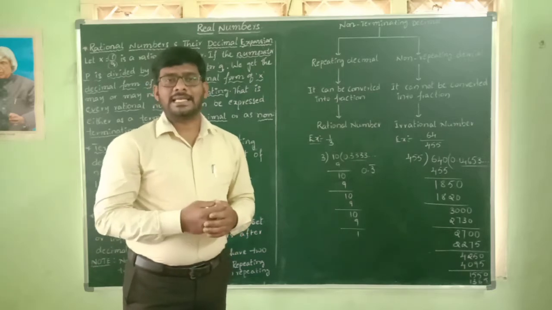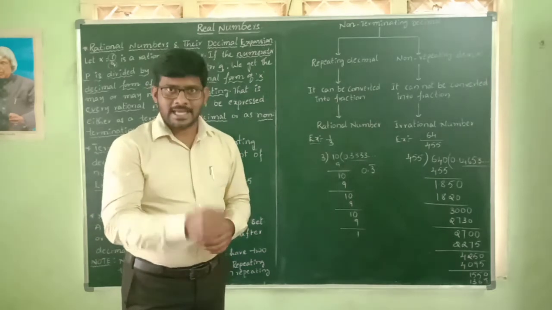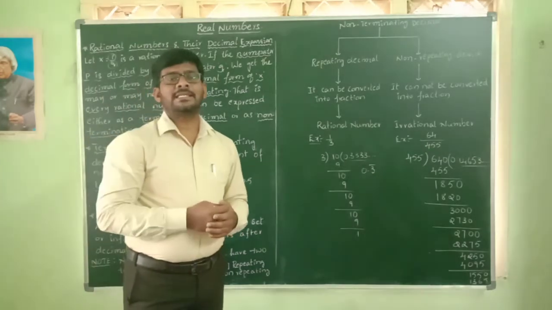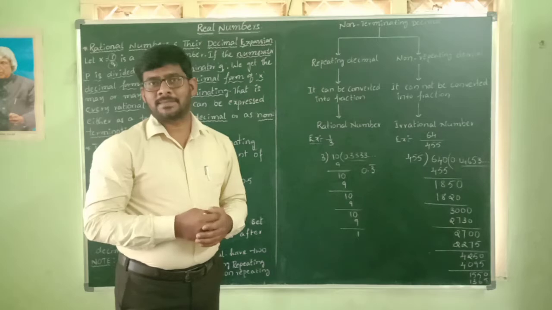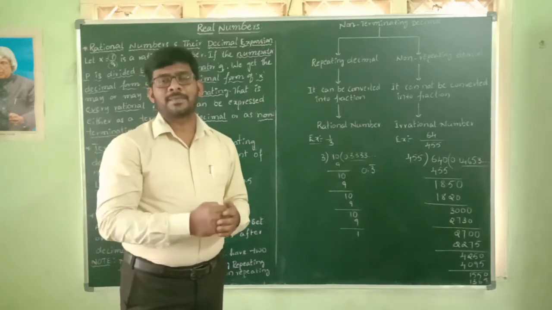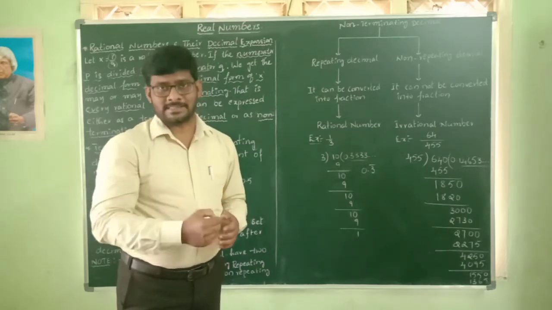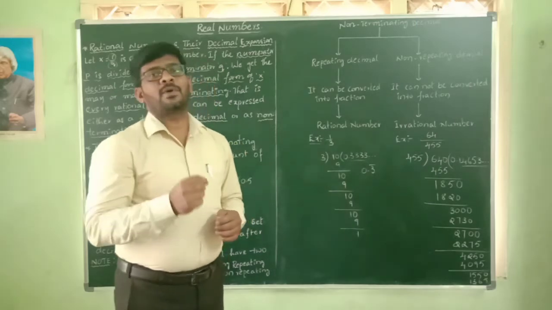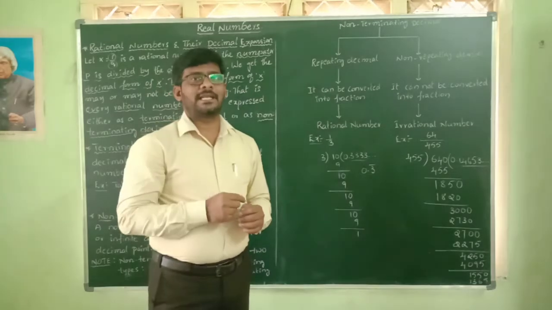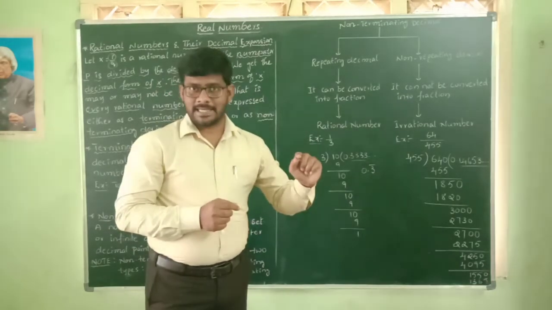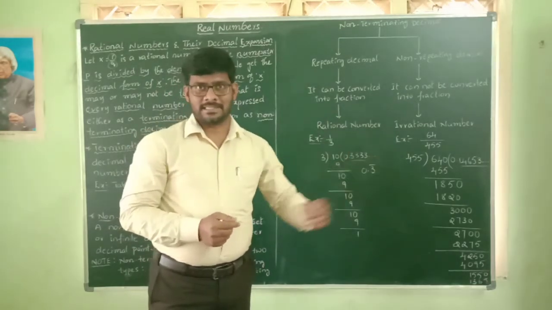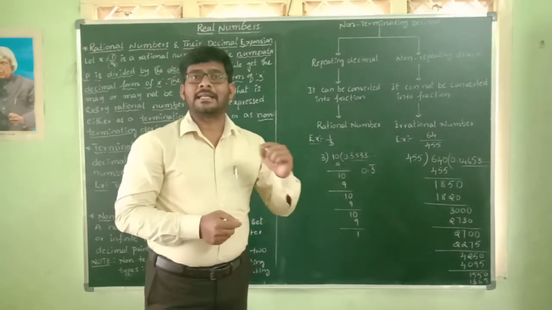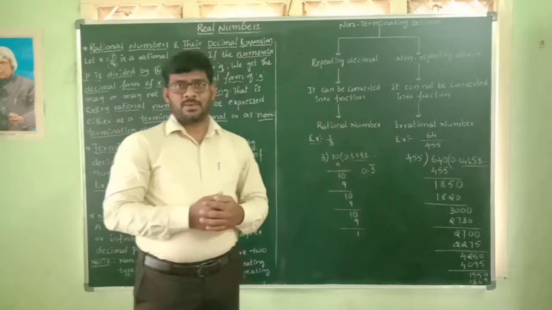The second one is non-terminating, non-repeating decimal. Second one is what, children? In the types of non-terminating decimal, non-terminating, non-recurring decimal. Okay children, don't get confused. Non-terminating decimal, how many types? Two types, namely non-terminating repeating decimal and second, non-terminating non-repeating decimal.